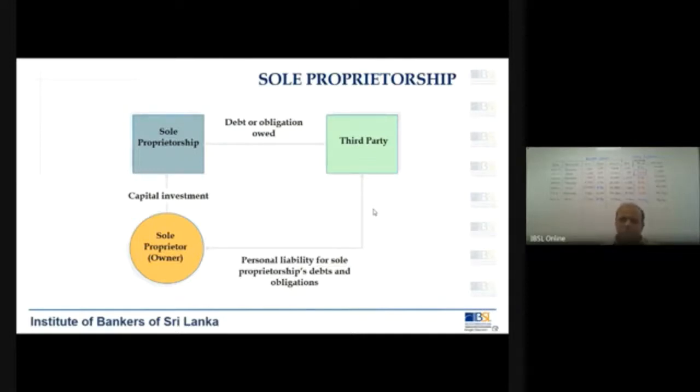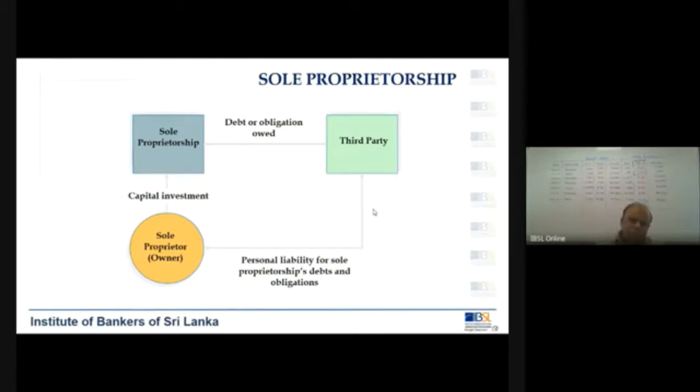XYZ company is a legal entity registered with the Registrar of Companies, under Companies Act number 7 of 2007, let's say. Now, people can sue this company. But now, you see that it is not only the company that is being sued, it even goes to the extent of suing the directors of that company, because they will be held personally liable to settle any debts that are owed to third parties.